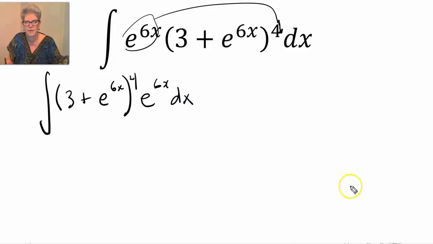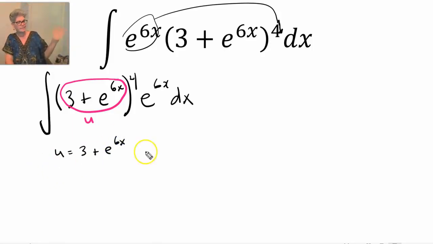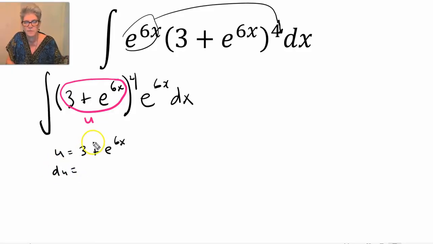Now I'm going to let u be what's inside there. And then I'm going to take derivatives of both sides. So I'll have 1 times du over here. The derivative of 3 is 0.